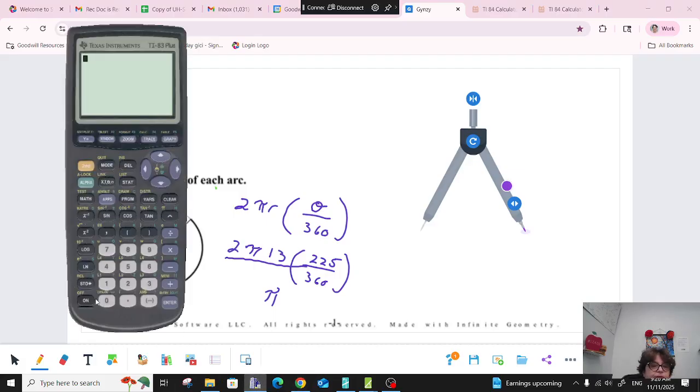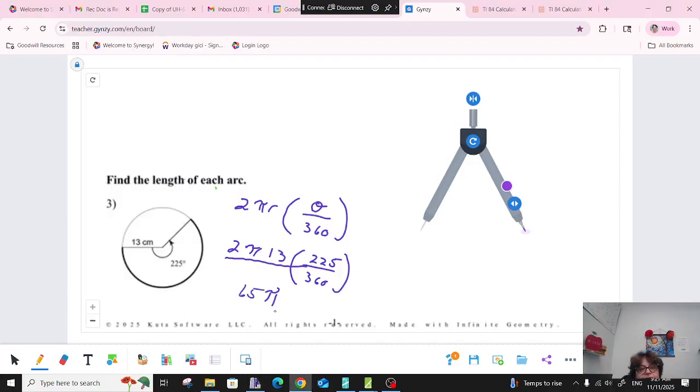So we're going to multiply 2 times 13 times 225 and press enter, right? And now you're going to divide that by 360. But this is the decimal. We want to give it as the improper fraction. So hit math, enter, enter, and it's 65 pi over 4.